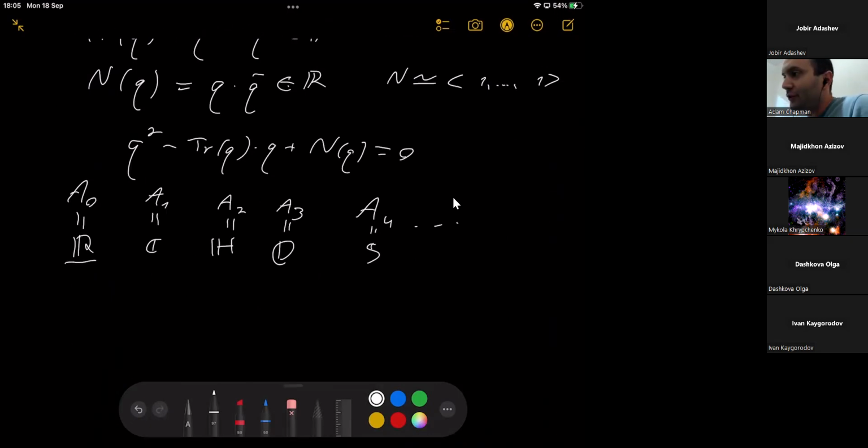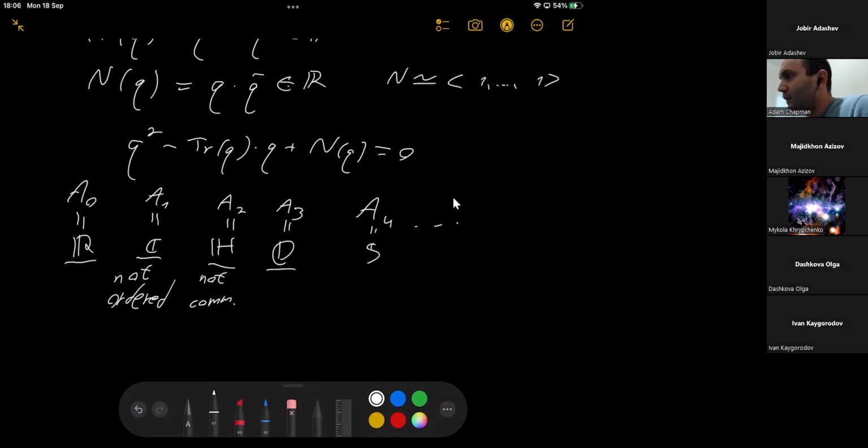The real numbers is a very nice field. It's an ordered field. Here we lose the order, so it's not ordered. Here we lose commutativity, so it's not commutative. So it's a non-commutative division algebra, but it's still associative.